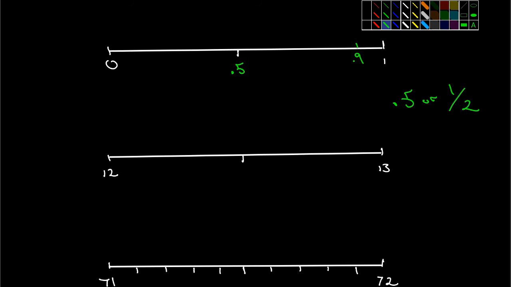So watch, let me show you. I think 0.1 would be around here, 0.2, 0.3, 0.4, and that's 0.5. I'm going to fill this in, and I want you to copy this down. Here's 0.1, 0.2, 0.3, 0.4. We already have 0.5 done.